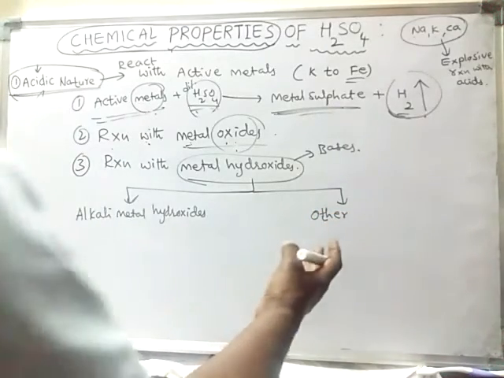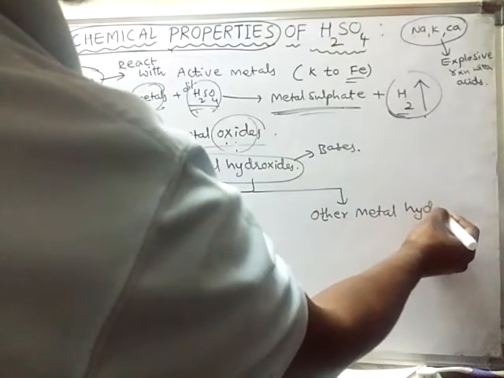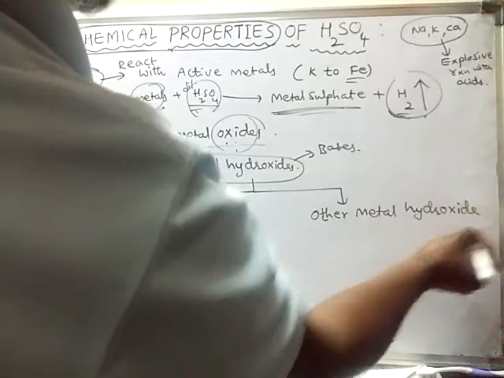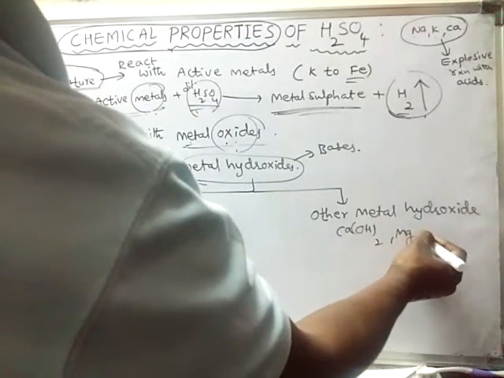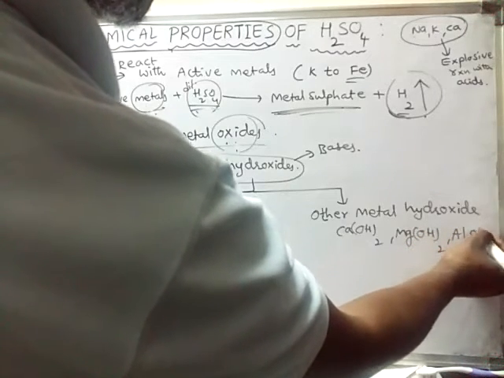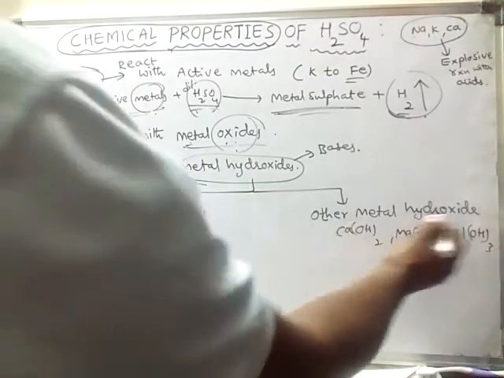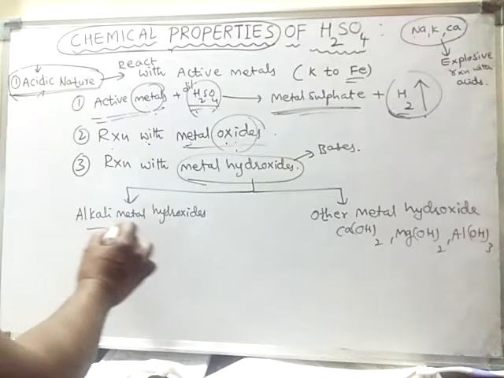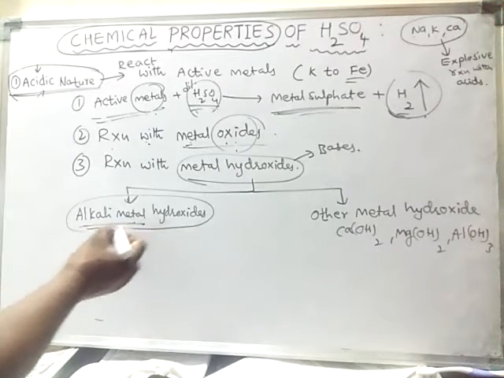Other metal hydroxides may be calcium hydroxide, magnesium hydroxide, aluminum hydroxide, iron hydroxide, or any other.